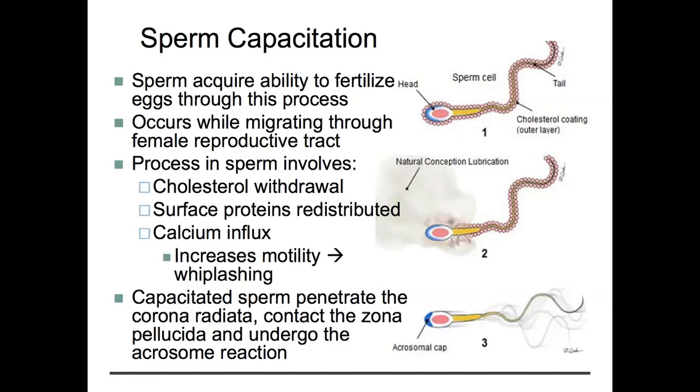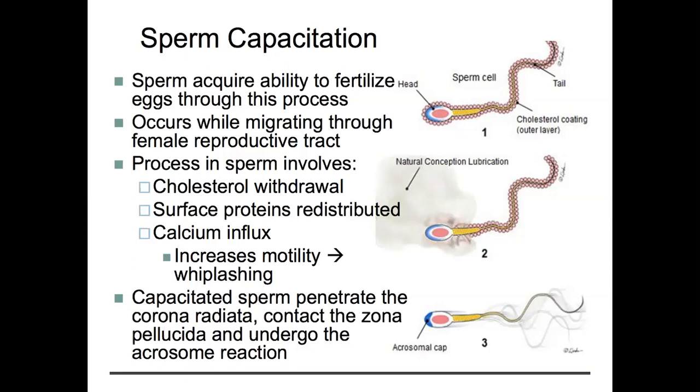Now, we have said that it acquires this whip-lashing movement due to the CatSper protein at the epididymis. And in the female genital tract, there is another protein called the fertilization promoting peptide, secreted from the prostate.